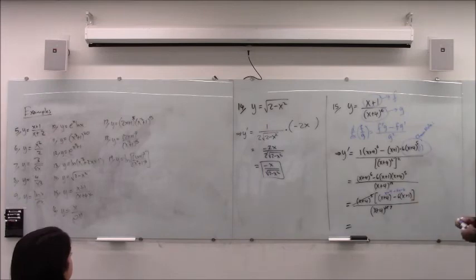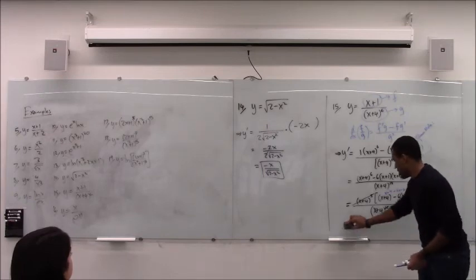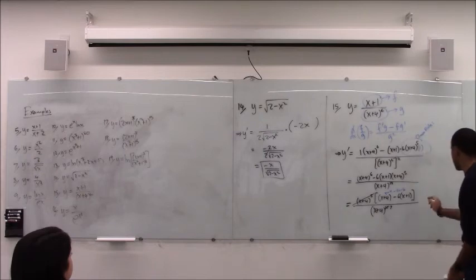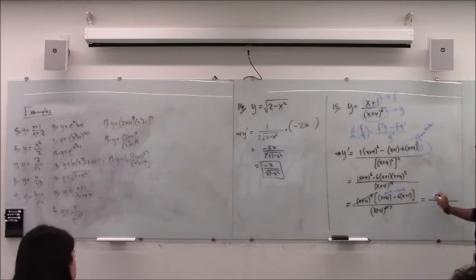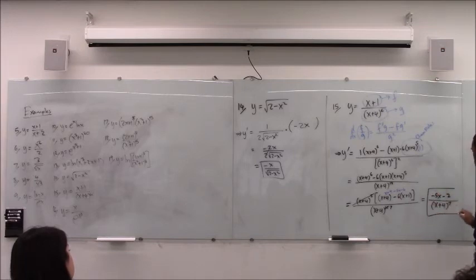I can actually combine those. So it's x minus 6x, that's minus 5x, and then plus 4 minus 6, that's minus 2, all over (x plus 4) to the 7th. That's going to be the answer.